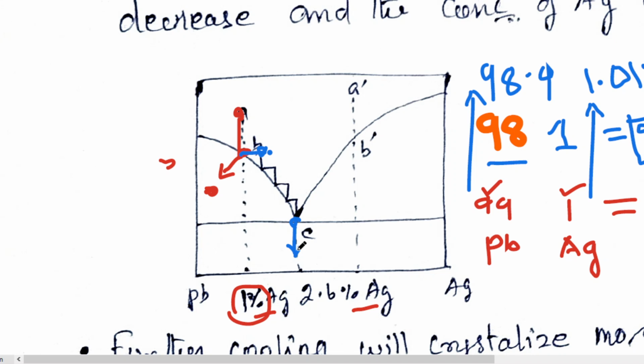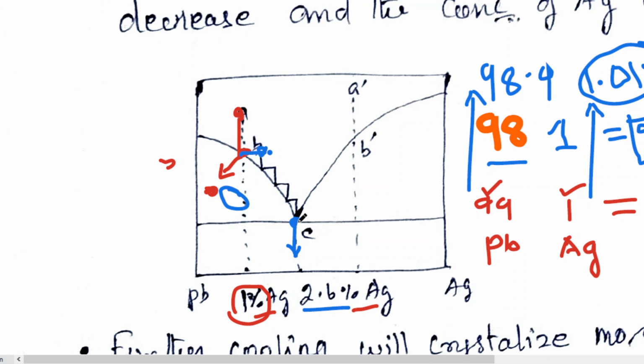Now the situation will be like this. There will be pure lead in the solid in some part that was previously deposited here, and that will be present in the mixture. When it reaches this point, that is 2.6%, what will happen?